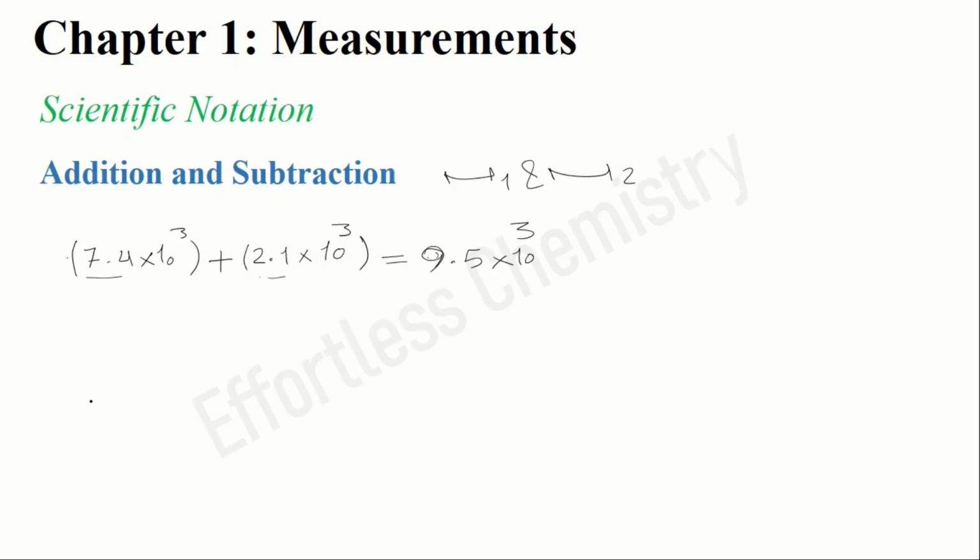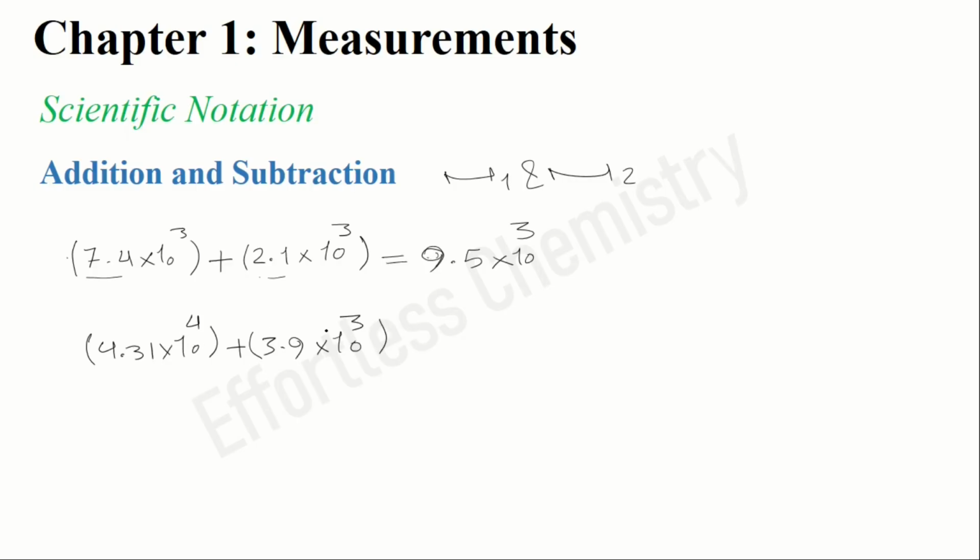However, we can have some examples in which the exponents are not equal, and for addition and subtraction we need to make them equal. For example, consider the following problem: 4.31 multiplied by 10 to the 4, plus 3.9 multiplied by 10 to the 3.